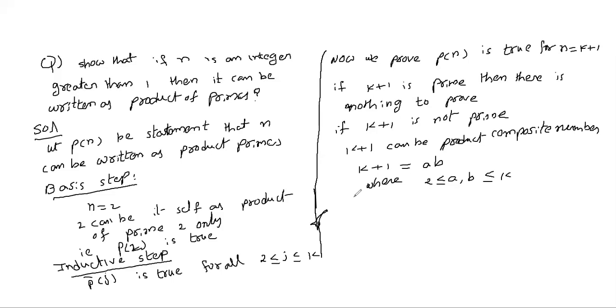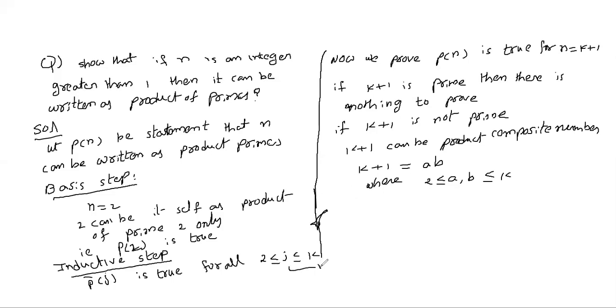The composite number means, for example, 8 is a composite number, 9 is a composite number. For example, 18 is a composite number. 18 we can write as 6 times 3. So whatever a and b are, they are between 2 and k.